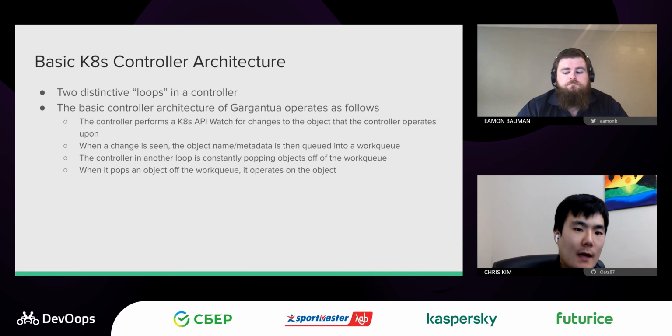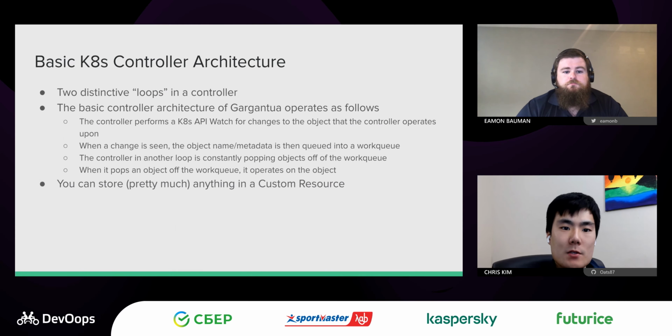Well, when the user modifies that user object through our Gargantua API server, really what that's doing behind the scenes is just updating the user object and storing that in Kubernetes. Our controller can come along, see that the user object has changed, pop that object off the queue once it's been added because of the watcher, and then manipulate and do whatever it needs to for this object.